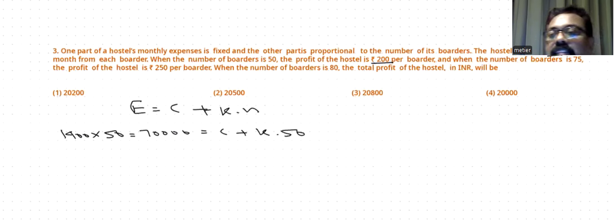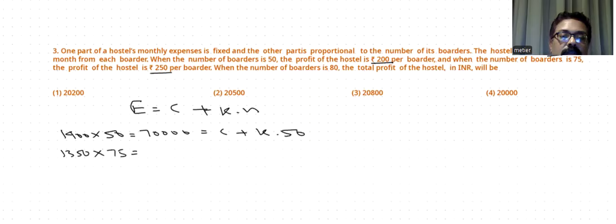Next, second situation, when we have 75 boarders, profit becomes 250. So 1600 collection, profit 250, so it will be 1350 expenses per boarder into 75. 1350 into 75 will come as 101,250.